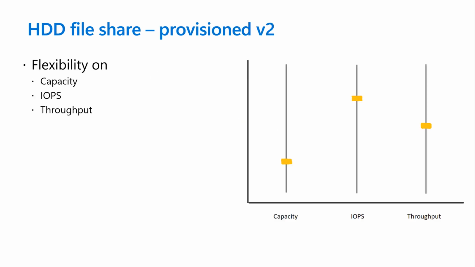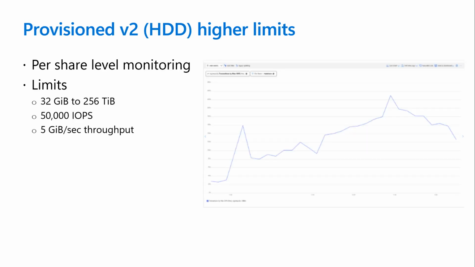To improve the provisioning model and offer both flexibility and cost predictability, we're introducing the Provision version 2 billing model. This model lets you independently scale capacity, IOPS, and throughput to meet your evolving workload needs. With Provision version 2, you can also monitor individual file shares, which can range from 32 GB to 256 TB in size, with up to 50,000 IOPS and 5 GB per second throughput, providing flexibility for both small and large workloads.